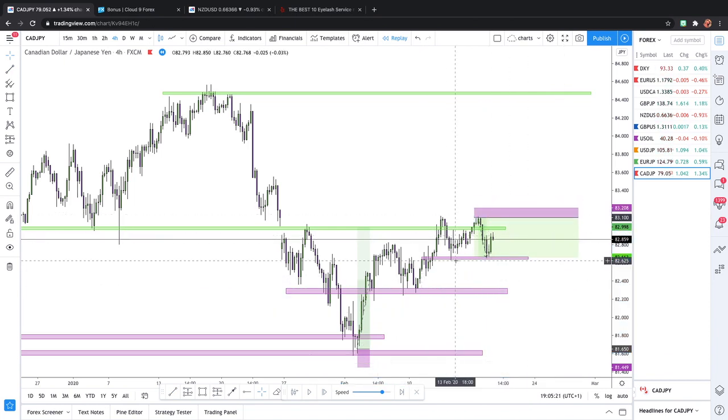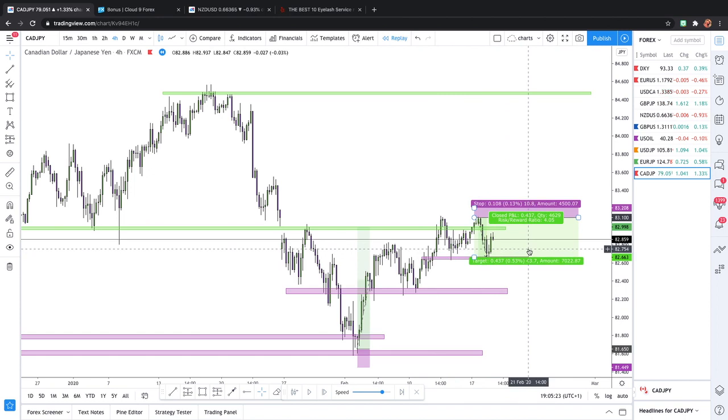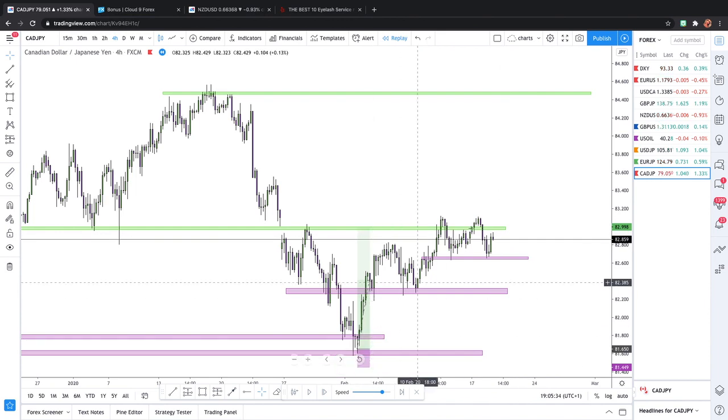But in this case, it goes to this minor support and reverses. So chances are either you take that target at the 43 pips, or you end up breaking even, because again, we're in this massive uptrend. Okay, so let's just see what happens.